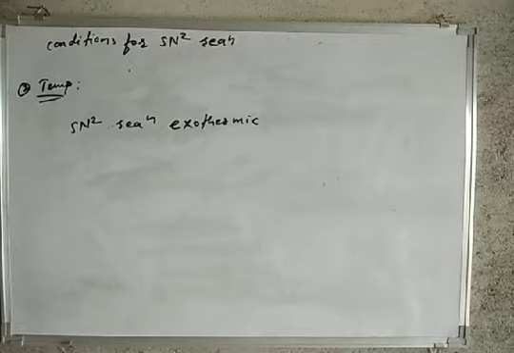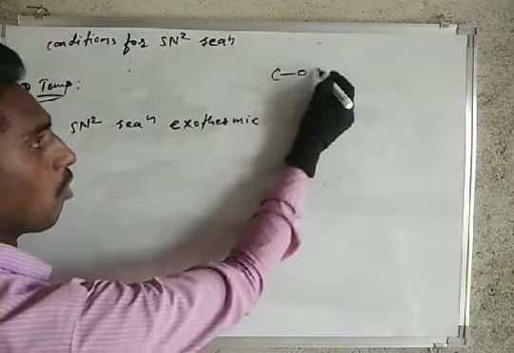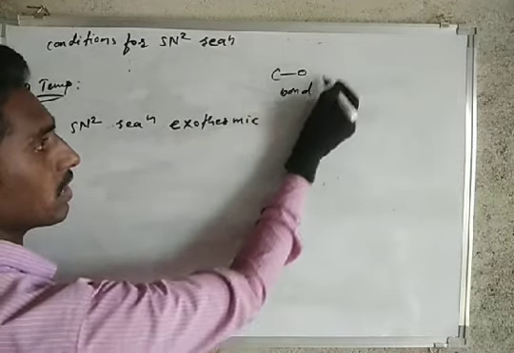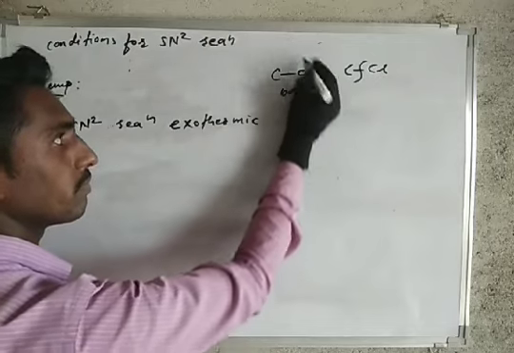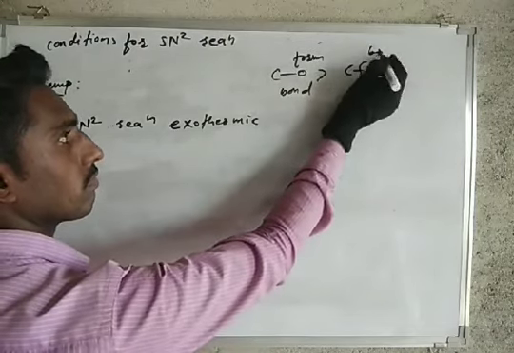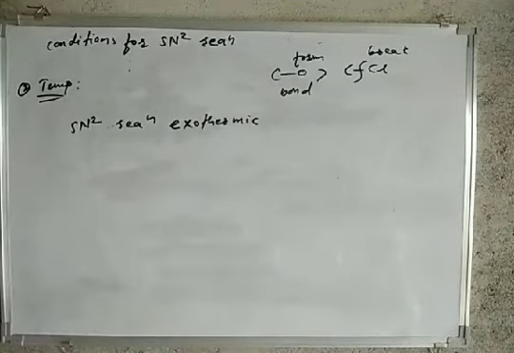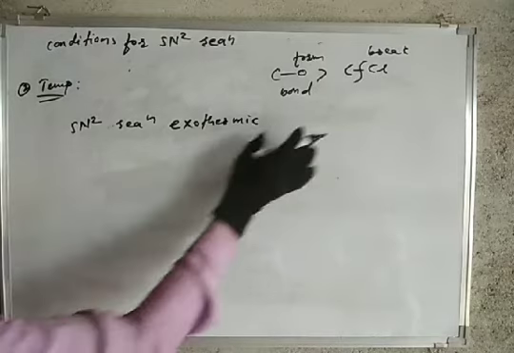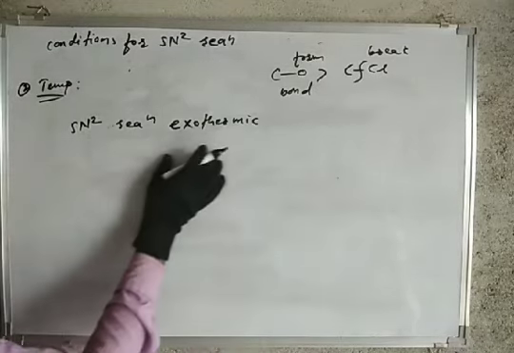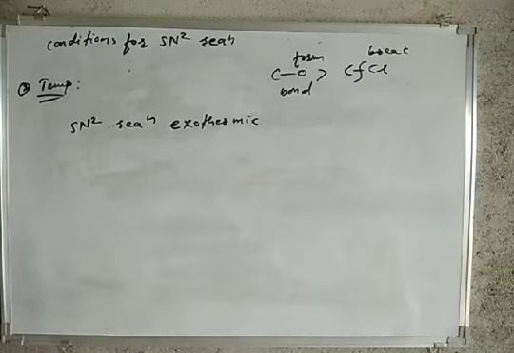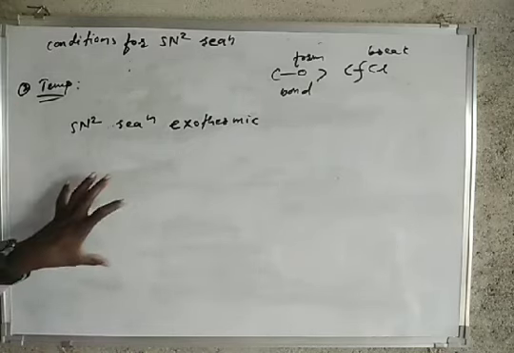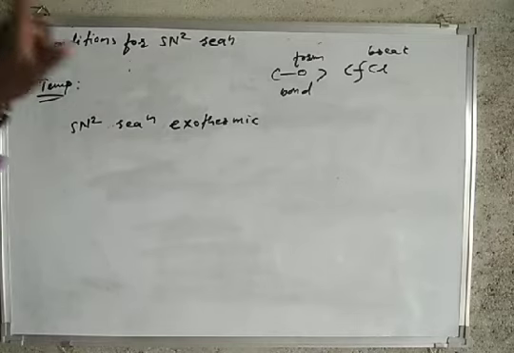We know very well that the carbon oxygen bond is stronger than the carbon chlorine bond. Means this bond breaks here and this bond forms, and due to that the energy release is much more, so this reaction is again exothermic in nature. Means we use low temperature in this reaction mechanism. The SN2 reaction mechanism favors low temperature.